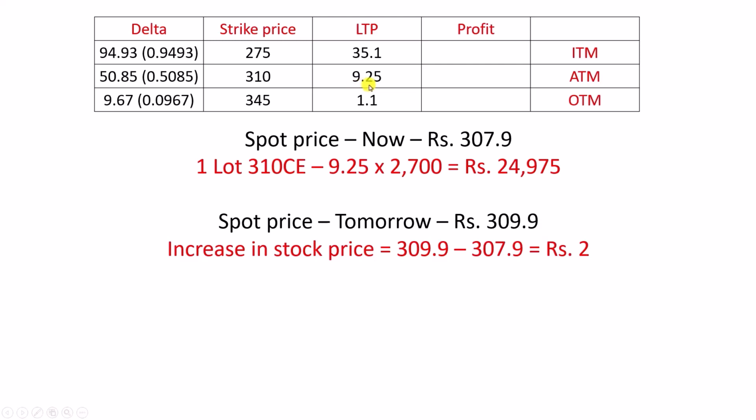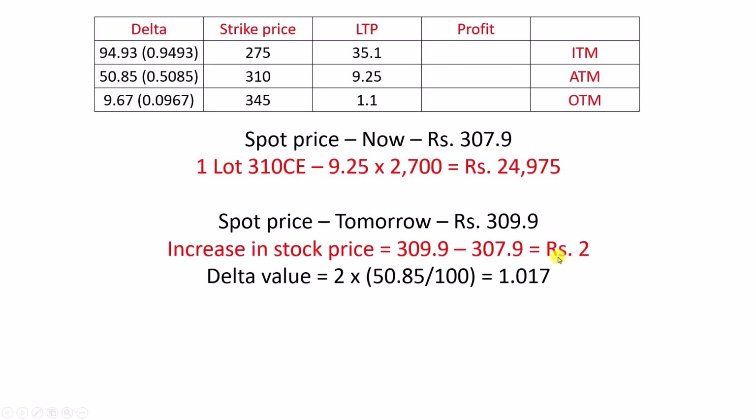I bought at 9.25 rupees. When this moves up, I make a profit, correct? So I am concerned about the premium. Now, the delta value tells me how much the premium moves. What we get from the table is how much the premium moves when the stock price increases by 1 rupee.